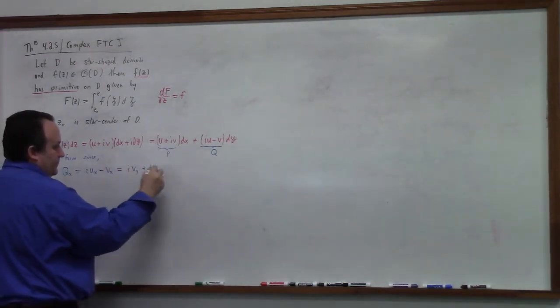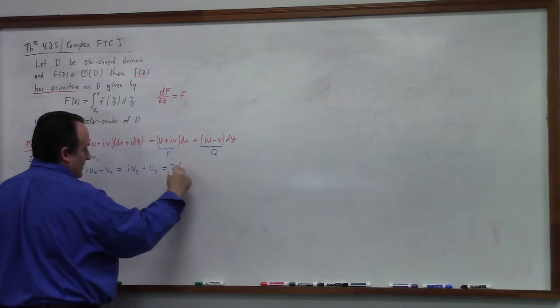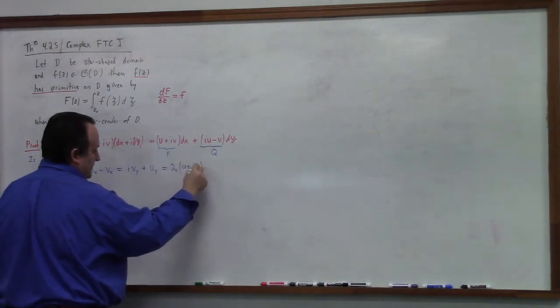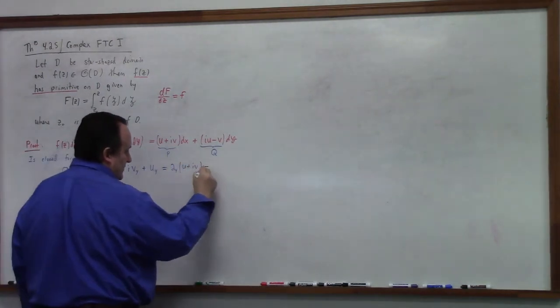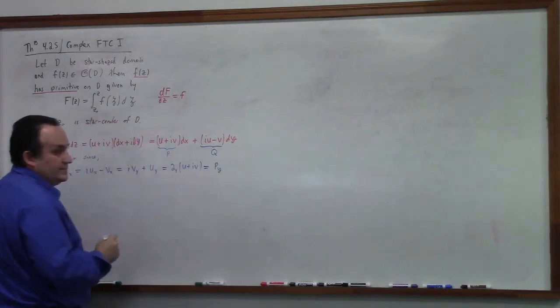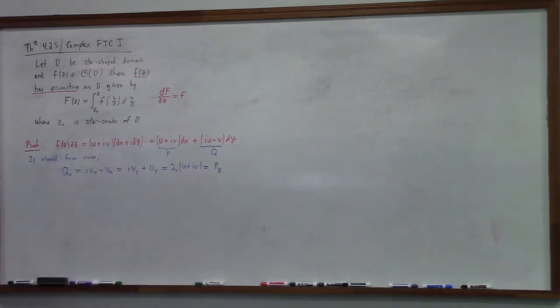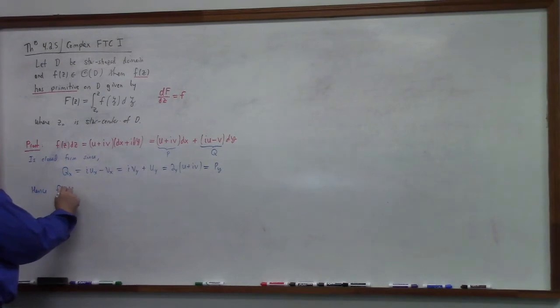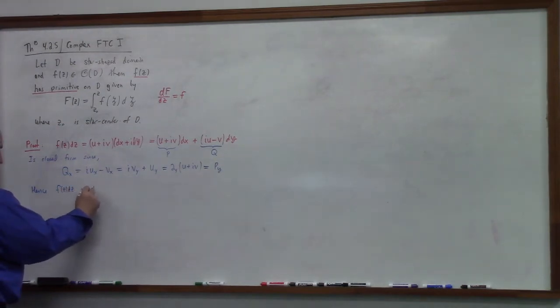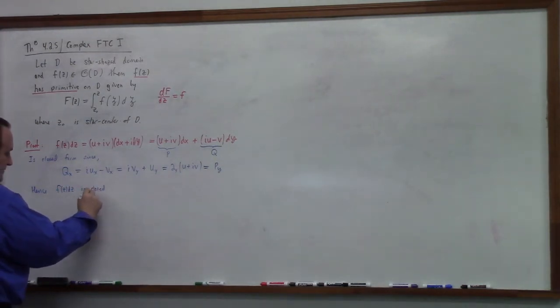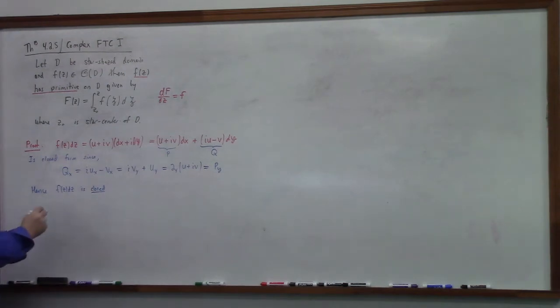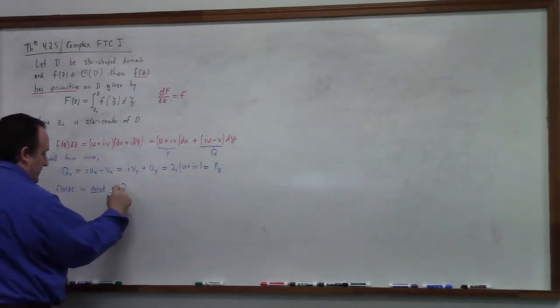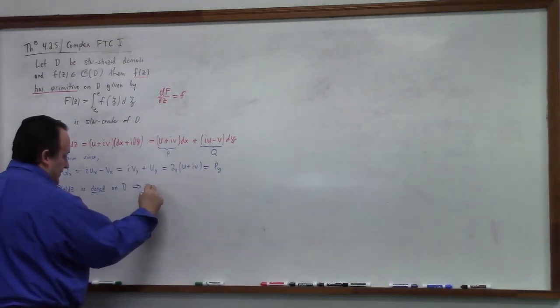That's the partial in y of u plus iv, in other words, it's Py. So therefore, the form f of z dz is closed. We showed that it satisfies the definition of closed on D, which implies it's exact.